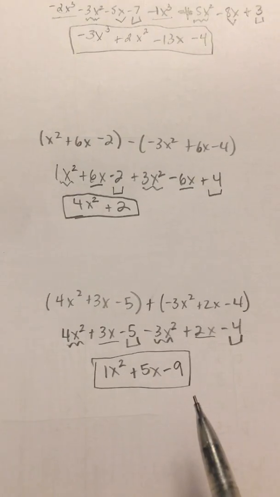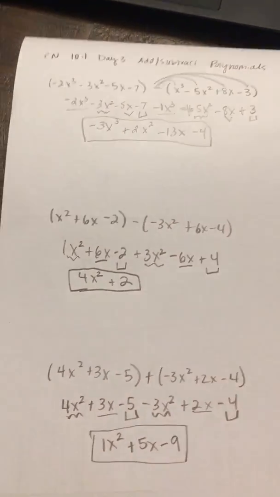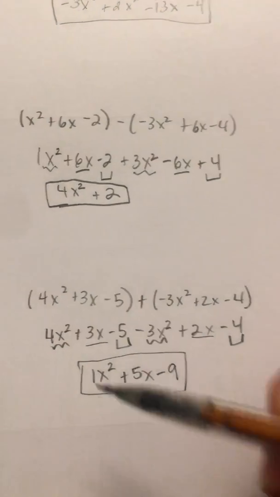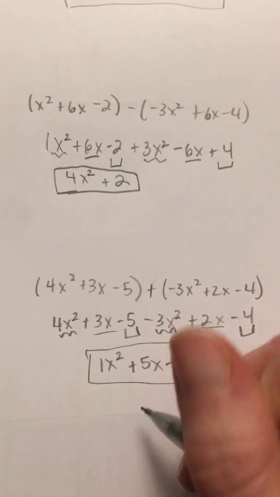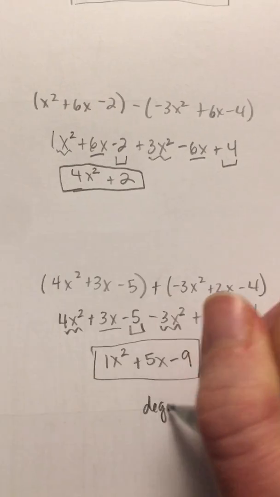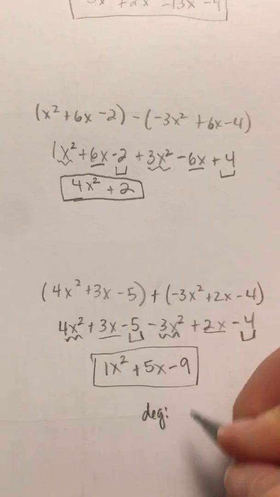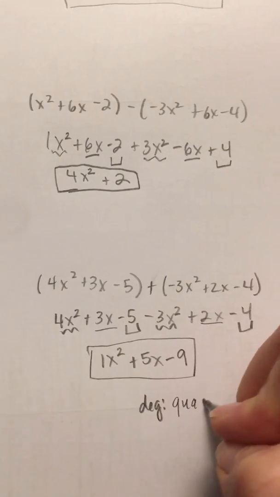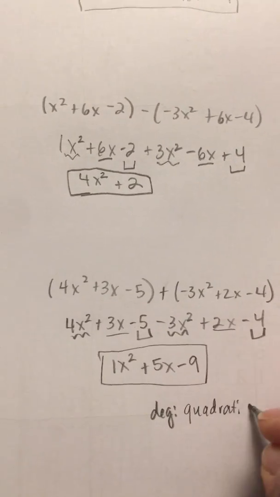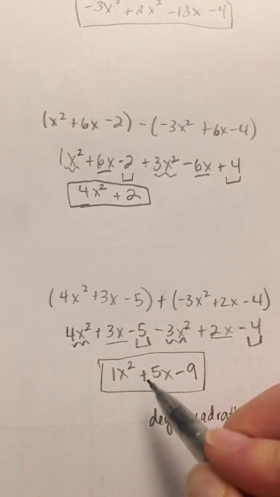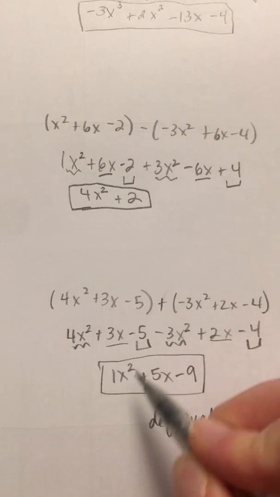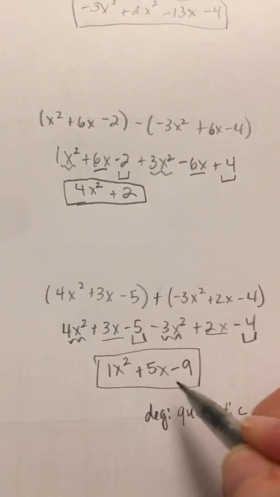I'd like to just remind you about the classifying. Even though we weren't asked to do that, we were just asked to add and subtract. We should still know that this is by degree, practicing what we learned on classifying. By degree, if the biggest exponent's a 2, we call that quadratic, and I can see that there are 3 terms. 1, 2, 3.